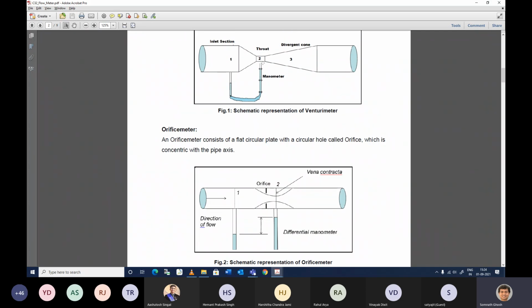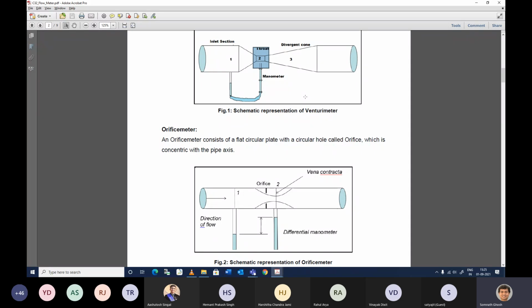If you design a Venturi meter for a certain pipe, it cannot be used for a different pipe with a different cross section. So that has a limitation. Also, the Venturi meter has a limitation in measuring maximum velocity, because due to the constriction, we are restricting the maximum flow inside this throat area.